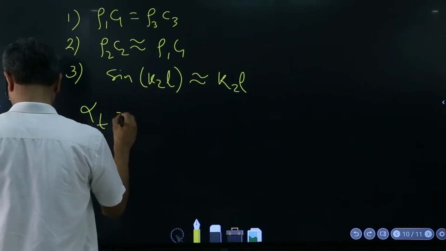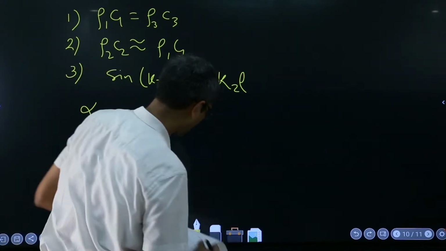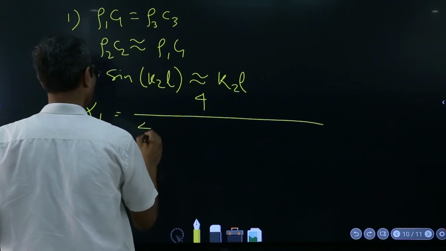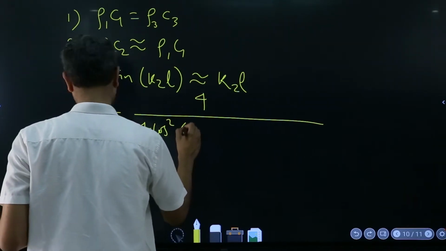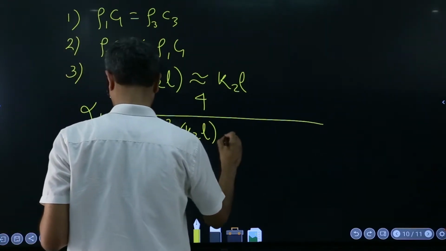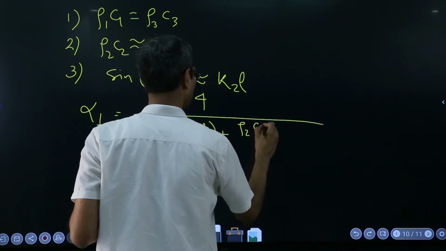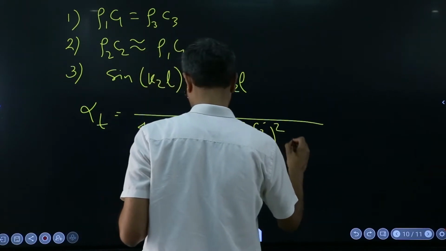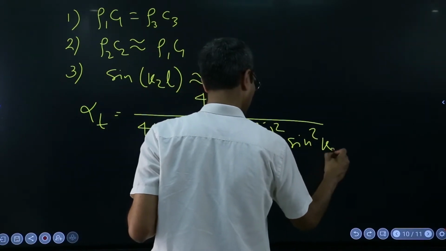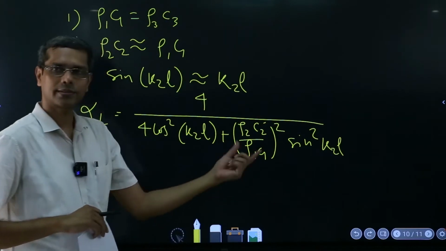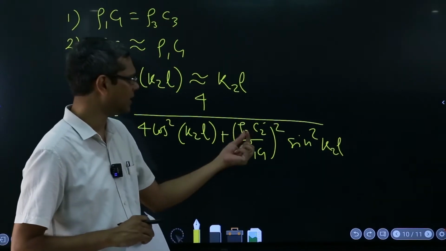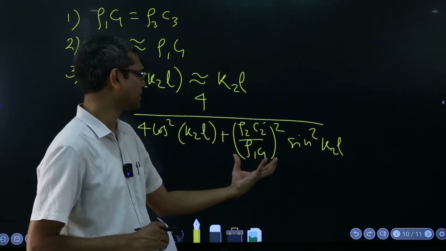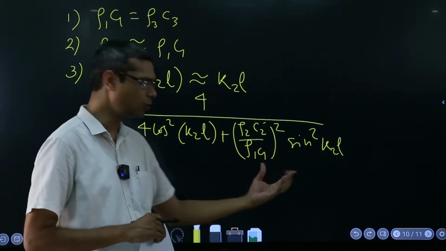Alpha t will be 4 over 4 cos squared K2L plus rho 2 C2 over rho 1 C1 squared sine squared K2L. Last time this term was very huge as compared to the other, so the second term as a whole survived.